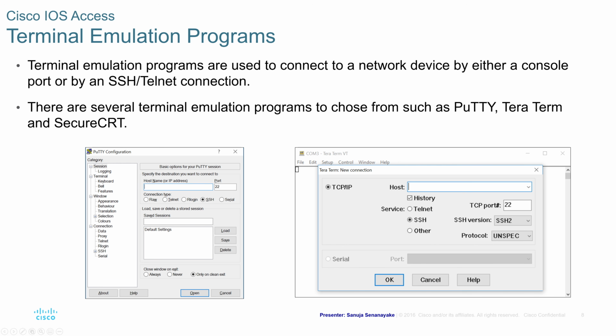Most of these programs work on Windows machines, but there are other programs that also work on Linux as well as Mac OS. PuTTY, for example, has a version for Linux as well. So these are the terminal programs that can be used to connect to your Cisco device.